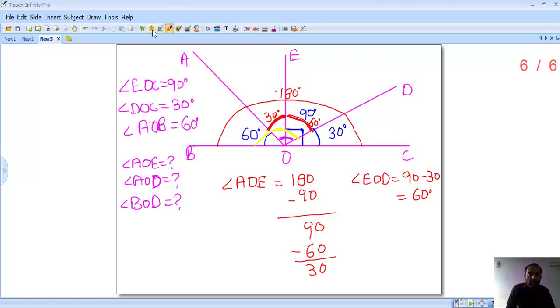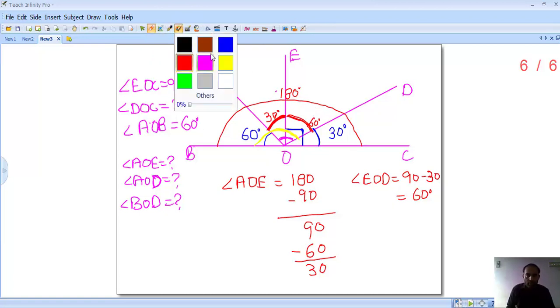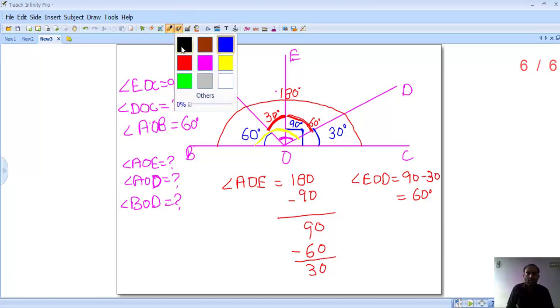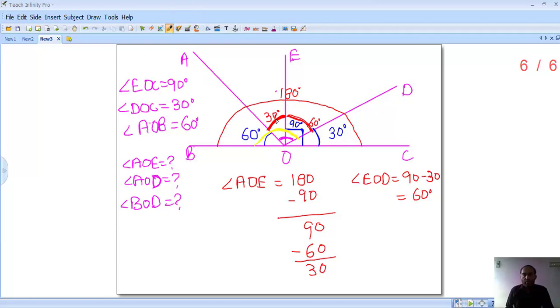Let me do one thing that will make it more clear to you. This one is 90 degree, this one is 60 degree. Now, for getting angle AOD, you have AOE and EOD, both the angles.